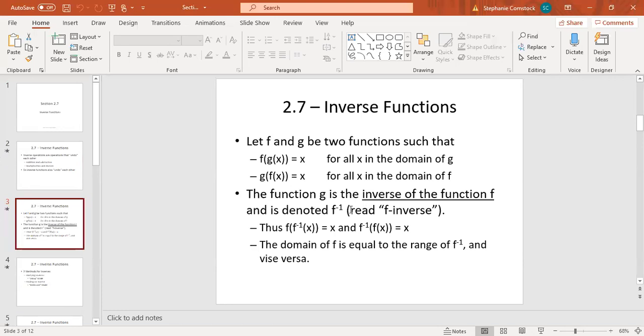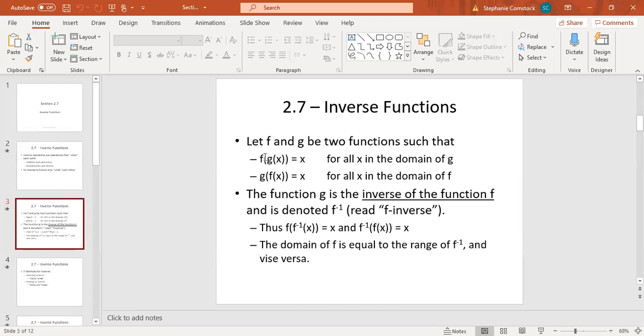What happens here is g is now the inverse of f, and instead of being called g, it gets renamed f inverse, and that creates that stronger bond. It now says it is bonded to f in a different way than just being some other random equation.